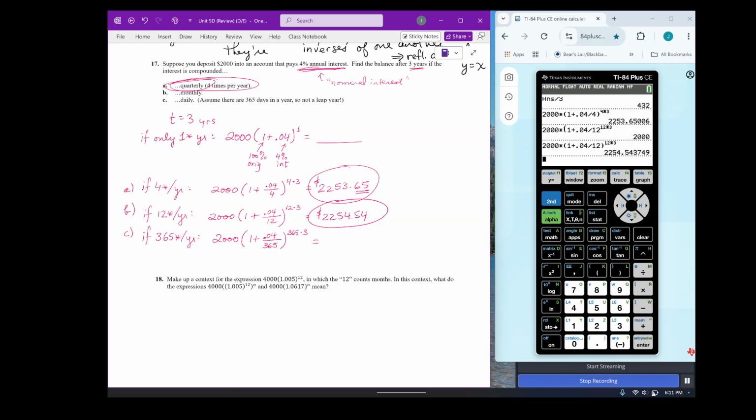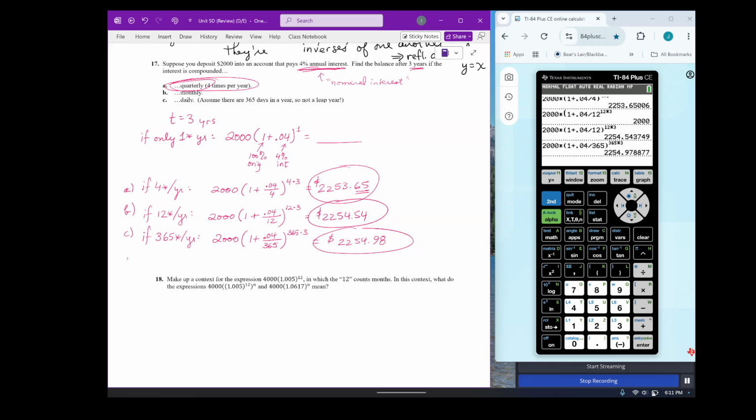And if we plug that into a calculator now, 2,000 times 1 plus 0.04 divided by 365, and then to the 365 times 3, we get 2254.98.